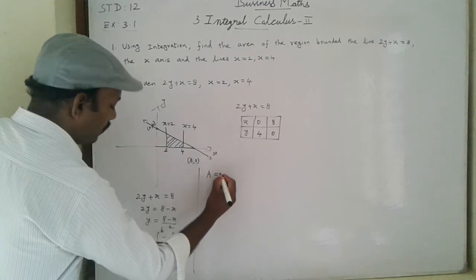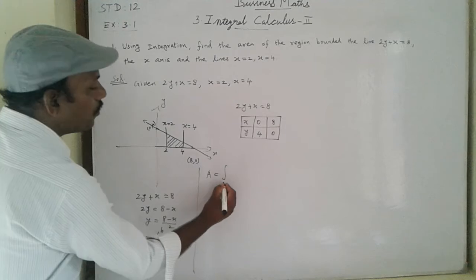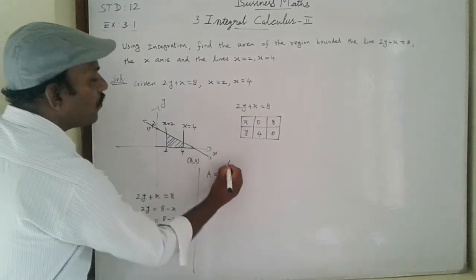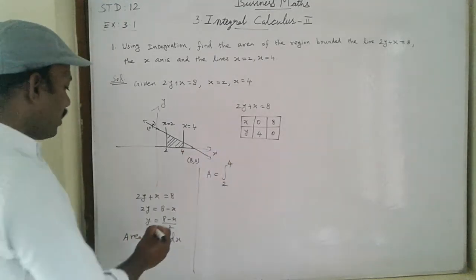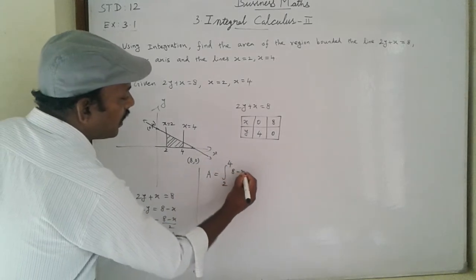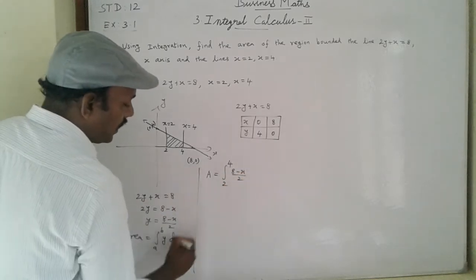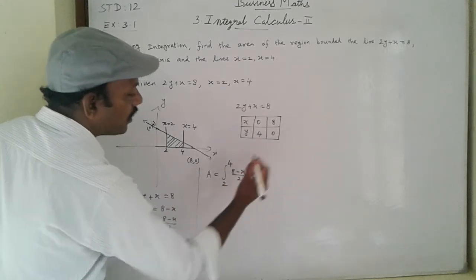Area A equal to integral, a is what? First limit is 2, second limit is 4. B is 4. Integral 2 to 4, y value 8 minus x divided by 2, into dx.